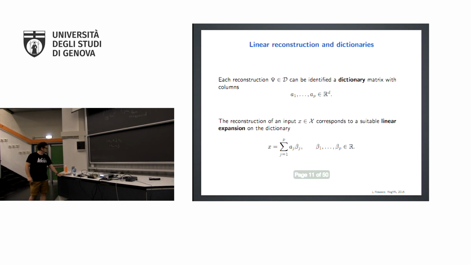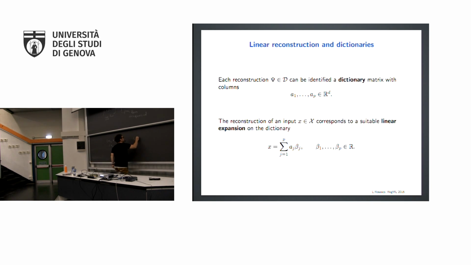So the matrix psi, as I told you, can be seen as a dictionary. Okay, just a collection of elements, a generalization of a basis, as we said a few times. So you can see the elements of this dictionary to be A1, ..., AP.